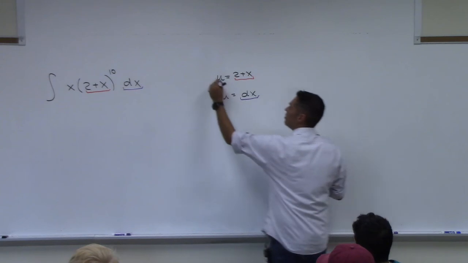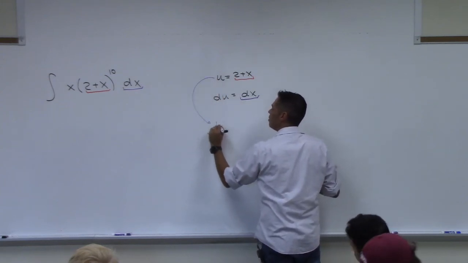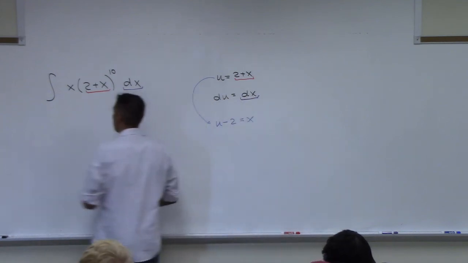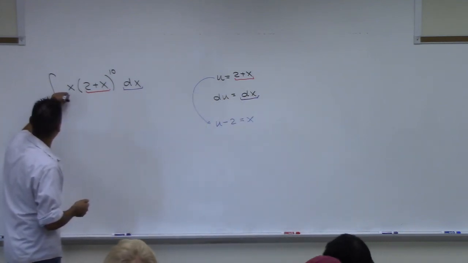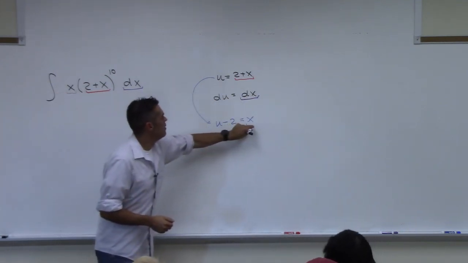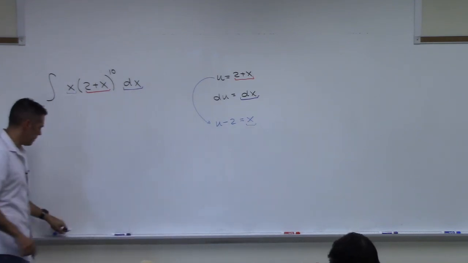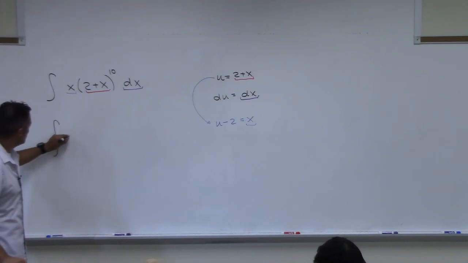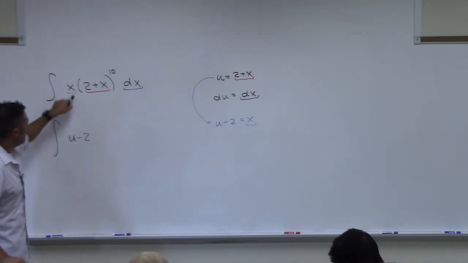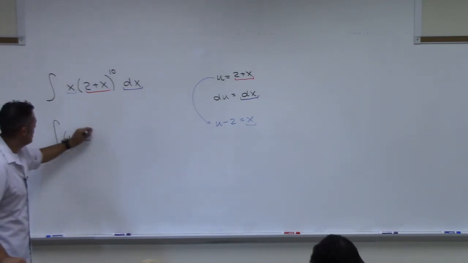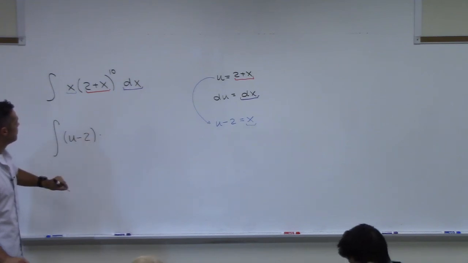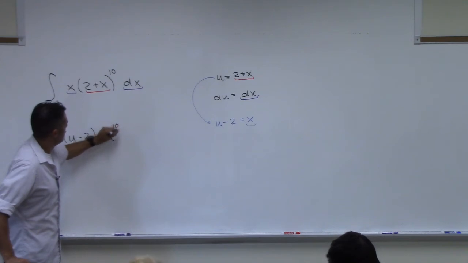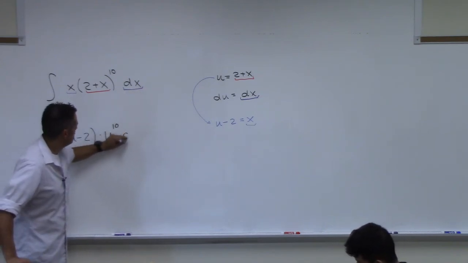But I can do this again and solve this. u minus 2 equals x, right? So when I rewrite this, I get u minus 2, that's x, but then times what? u to the 10th, and then dx, which is du.